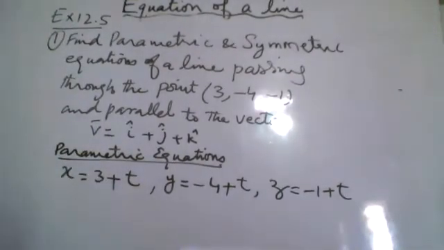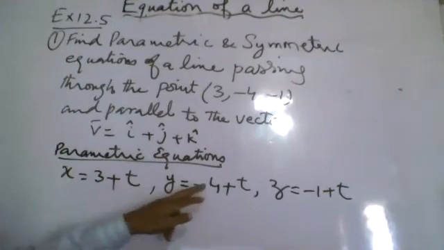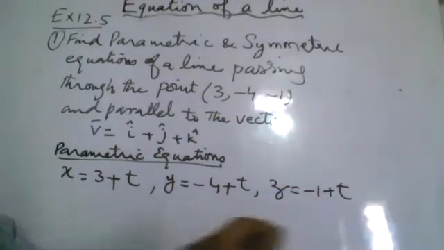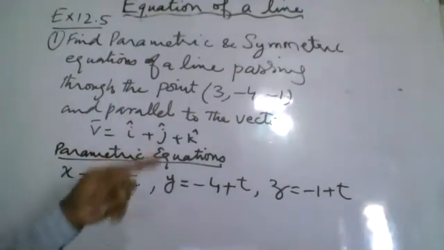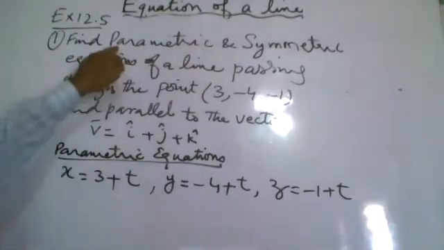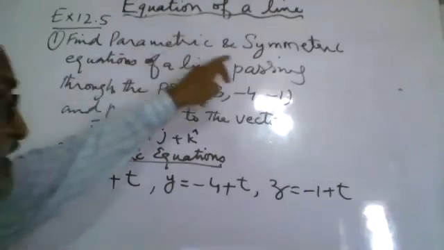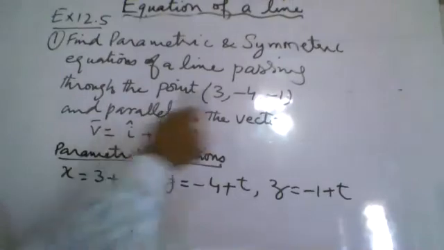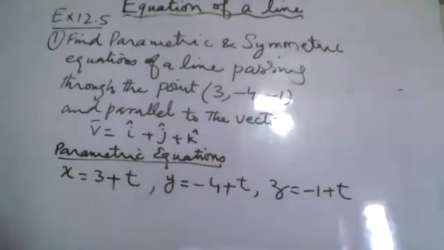So these are the parametric equations: x equals x1 plus At, y equals y1 plus Bt, z equals z1 plus Ct. Now the symmetric equations. It is not asked in the question, but I am finding symmetric as well.